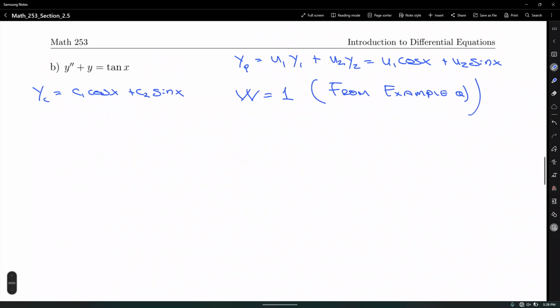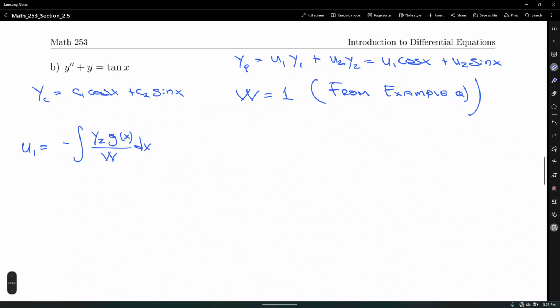Well, let's evaluate the integrals, right? So for the integrals, u1 will be negative the integral of, I'm going to keep the negative outside, y sub 2 g of x over the Wronskian dx, right? In this case, we have a function of x.